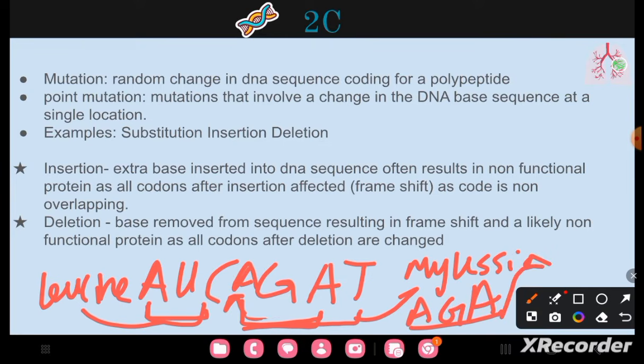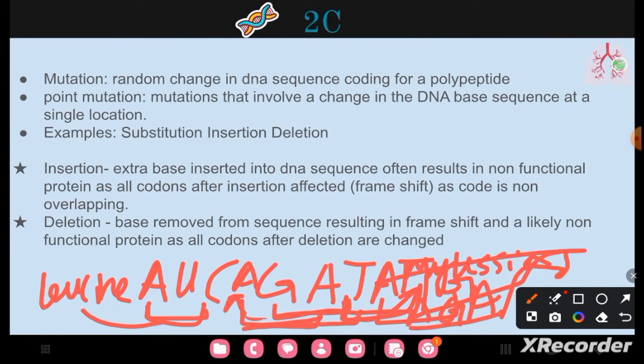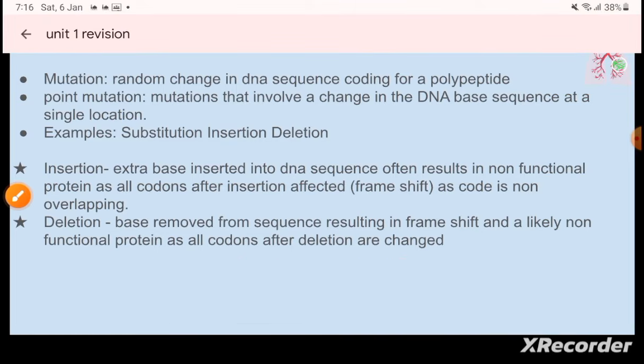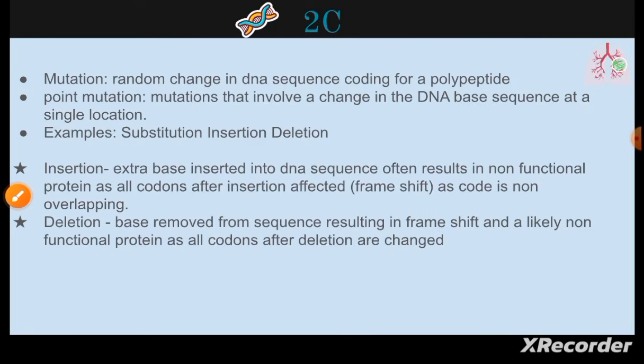So it's going to translate into a new amino acid. And then after this, let's say TAT, instead of it being GAT, and then the one after ATG, we have a new amino acid. And each one after that will also have a new amino acid. So none of the amino acids after the frame shift will be correct.